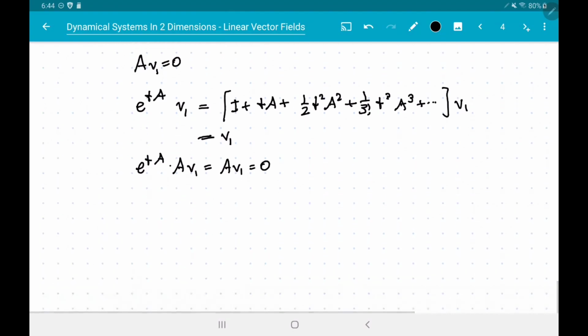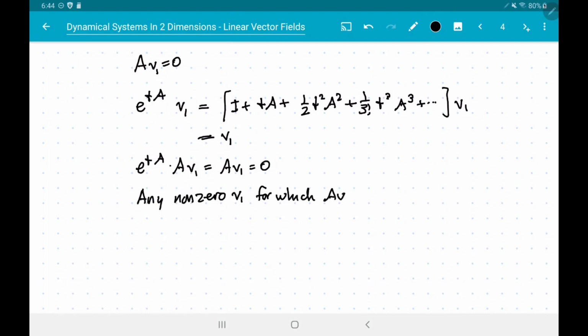So what that means is that any non-zero V1 for which A V1 equals 0 is another fixed point. The origin is always a fixed point of these linear systems, and that's what we've been focusing on. The wrinkle here is that now we've got something called non-isolated fixed points.